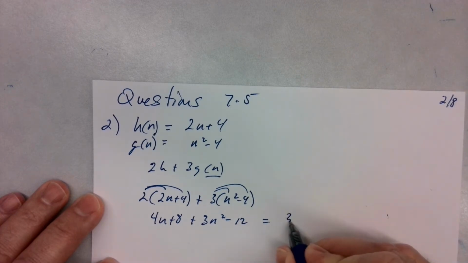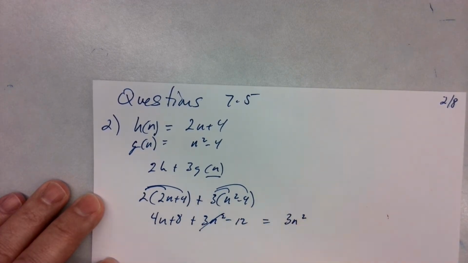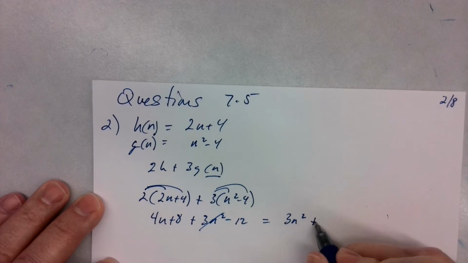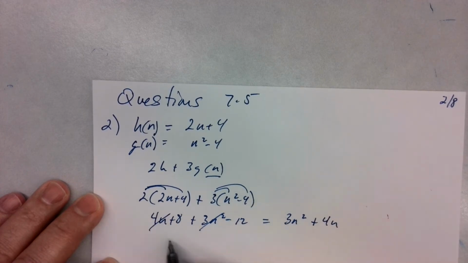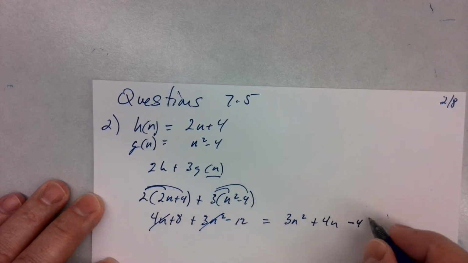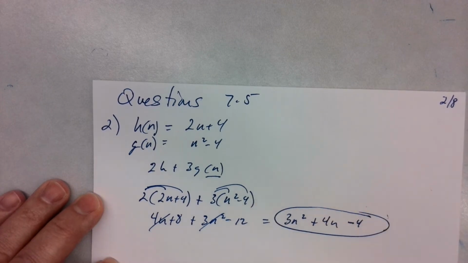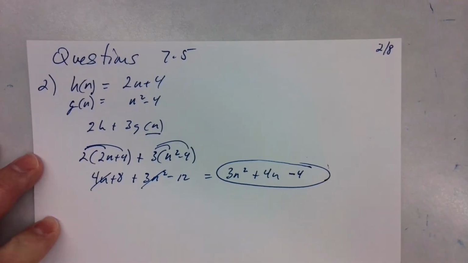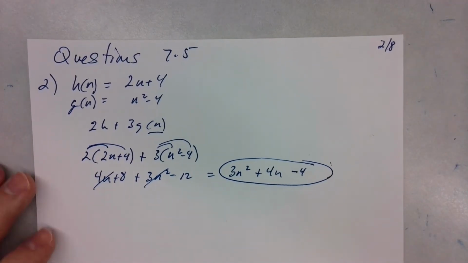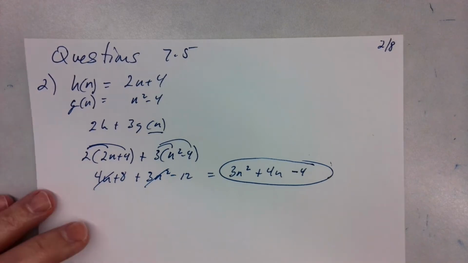Standard form, which is going to give me 3n squared plus 4n minus 4. Just like that. Anybody have that already? A few of you? Okay. That makes sense, Trista?